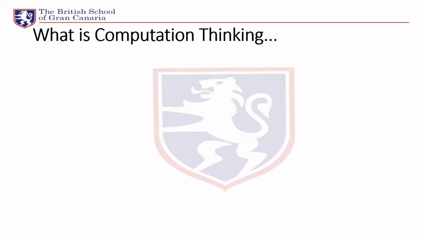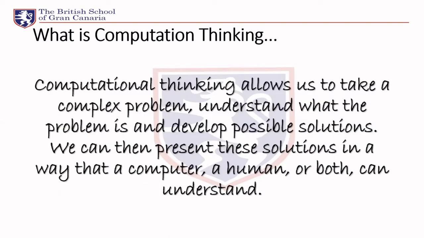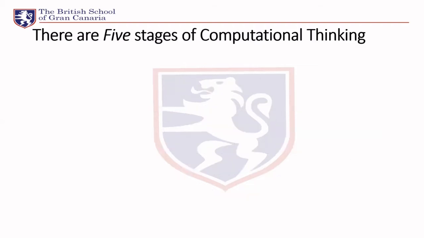So it allows us to take a complex problem, understand what the problem is, and develop possible solutions. We can then present these solutions in a way that a computer, a human, or both can understand.